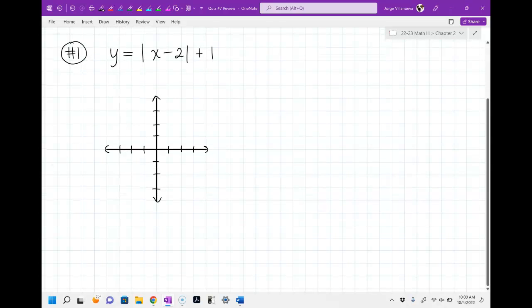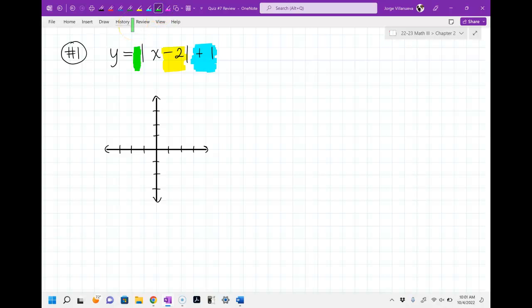Okay, and I just have to graph it. Now, remember, the thing in yellow that I'm about to show you, this is called our H value, okay? The thing in blue is our K value. The thing in green, which you don't see, that's my amplitude, okay? So those 3 pieces are important.